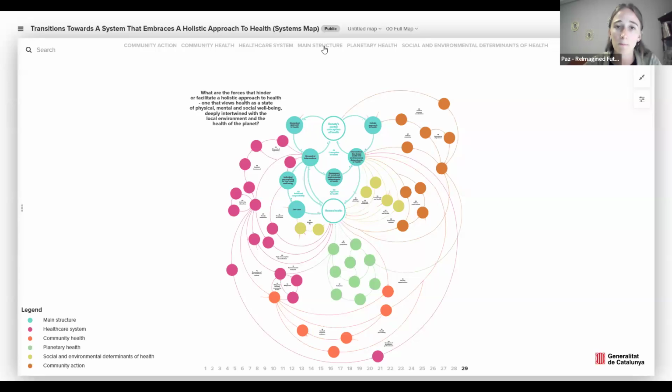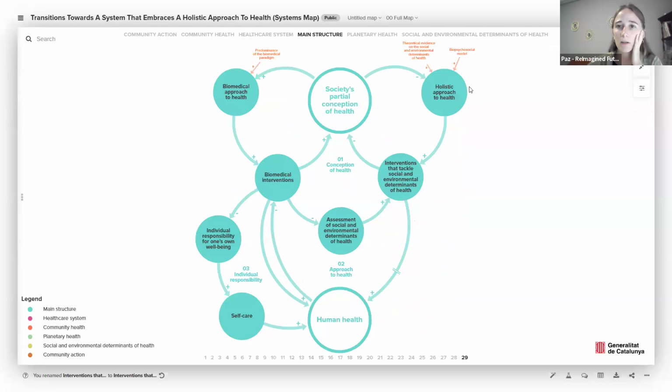So let's start with the main structure. As I told you before, the main structure is the dynamics that directly answer the framing question. So these three dynamics together are a summary of the whole systems map, and they answer the framing question.